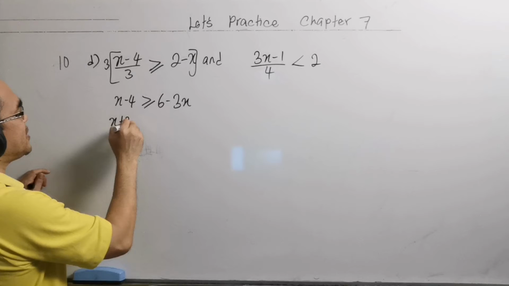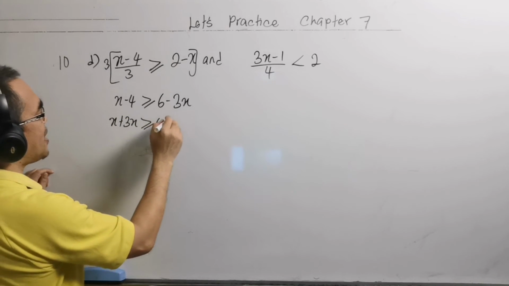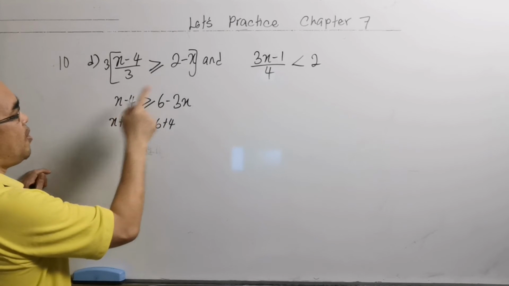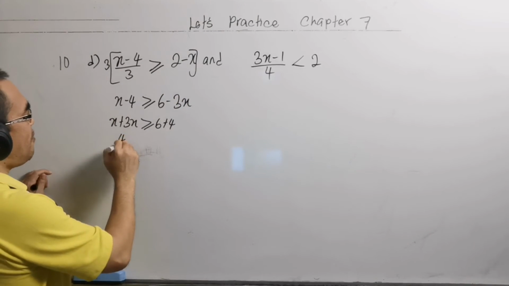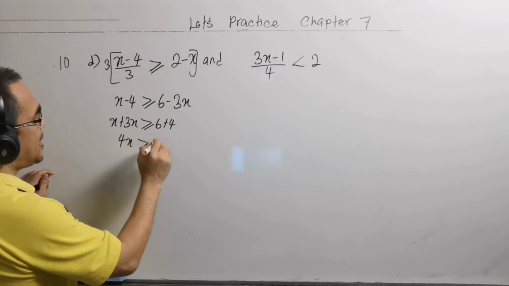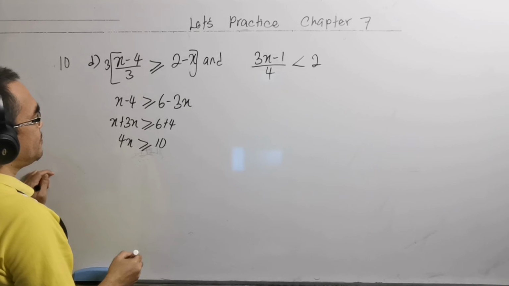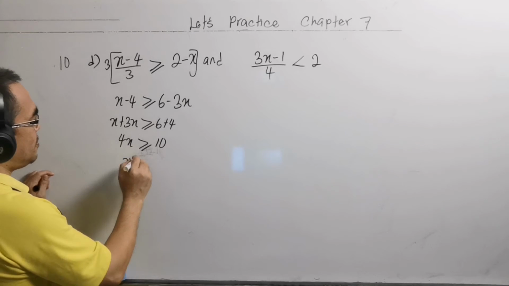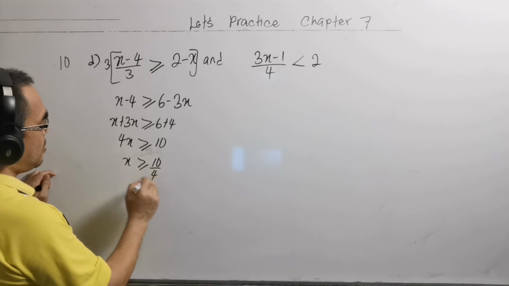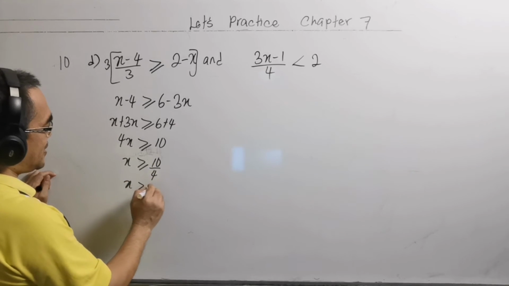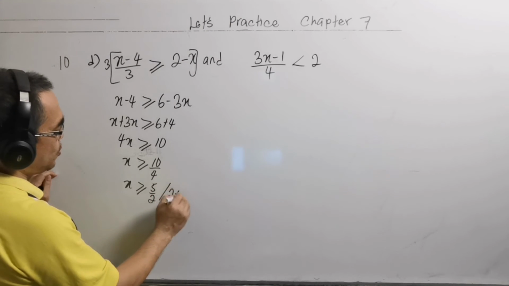So x plus 3x will be larger than 6 plus 4. Negative 4, you bring to the other side, becomes plus 4. So we have here 4x larger than 10. Then x will be larger than 10/4, which is 5/2 or 2.5.